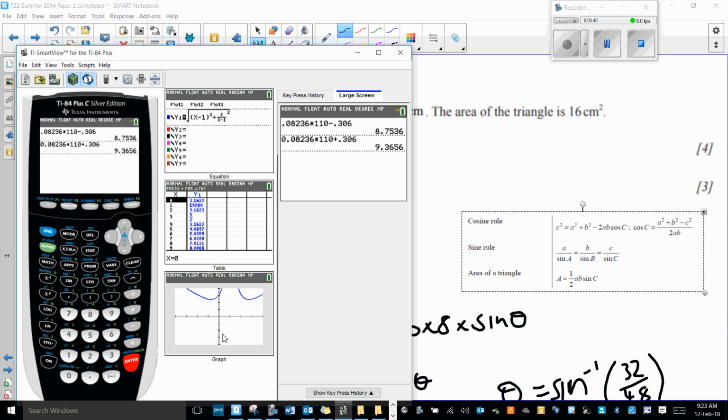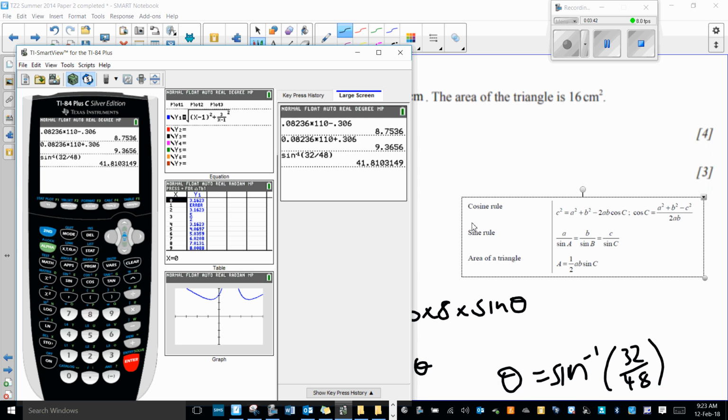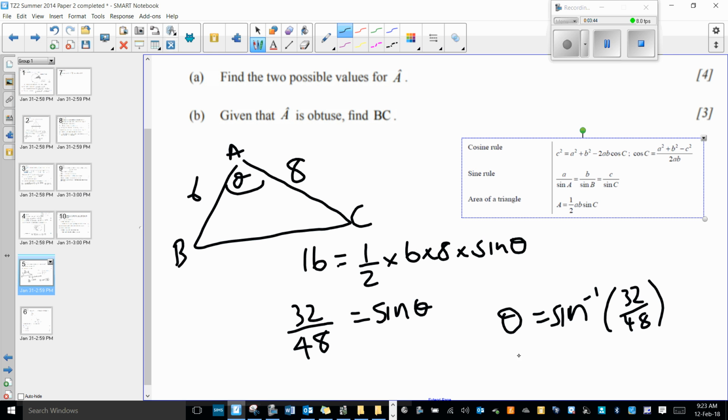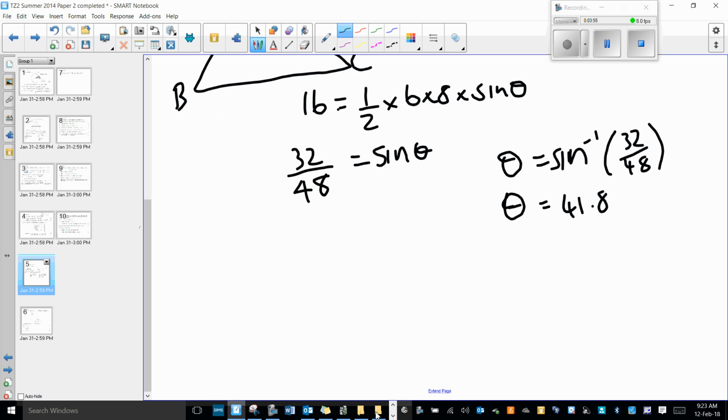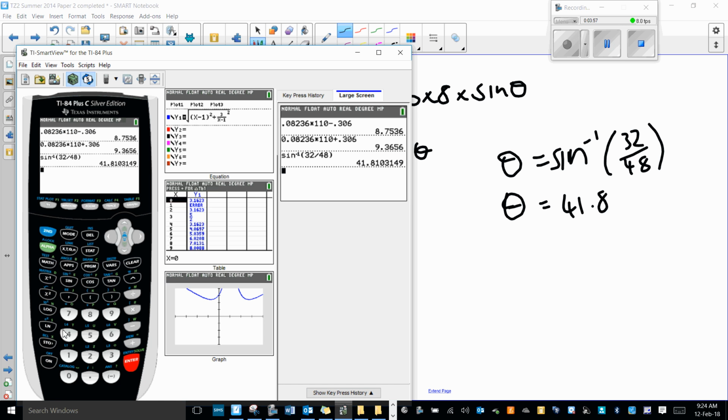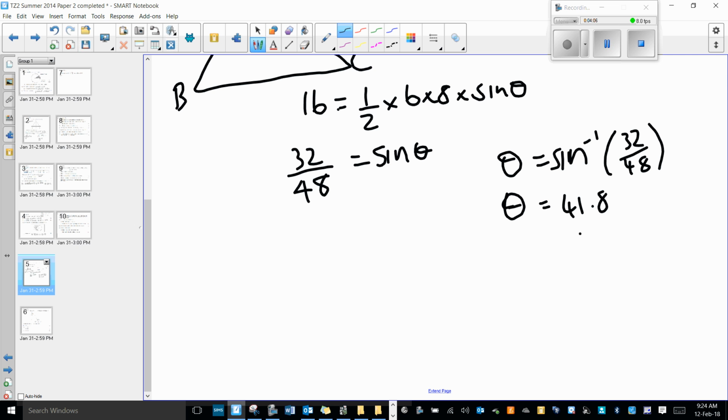So that's 41.8. And remember, the other value when there's two possible is always going to be 180 minus that, which is 138.2, or 138 to 3 significant figures.